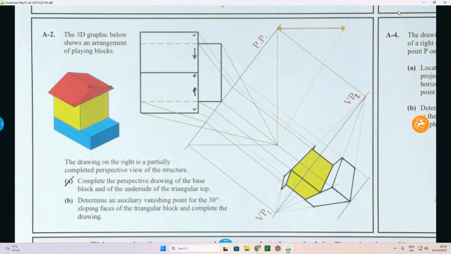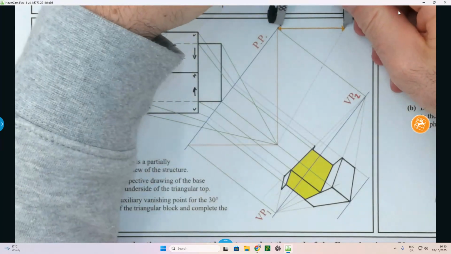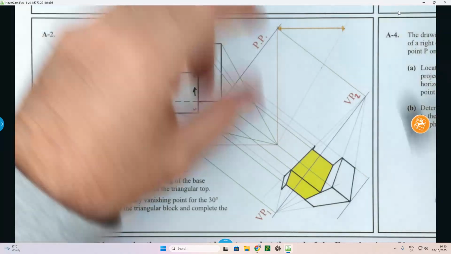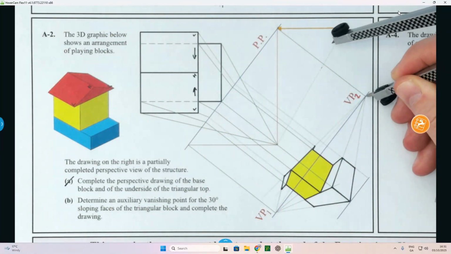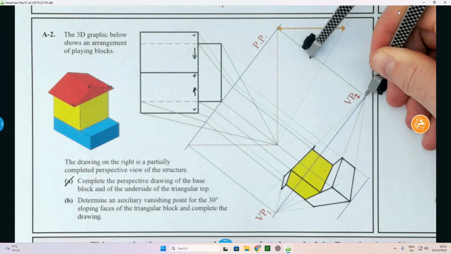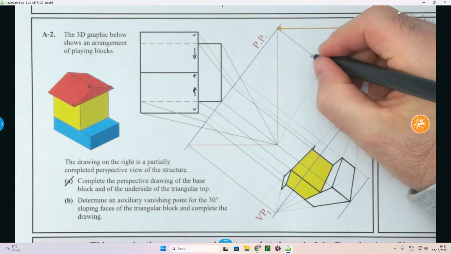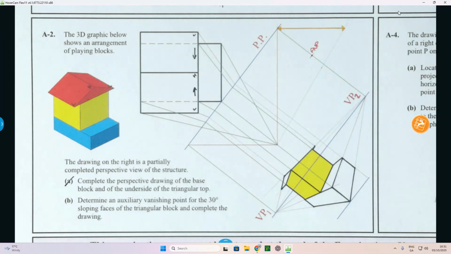So I take that height, and because we did it on this side, I have to do it from VP2. So watch this: above VP2, I take that height and mark it above VP2, and that is known as my AVP, my auxiliary vanishing point.